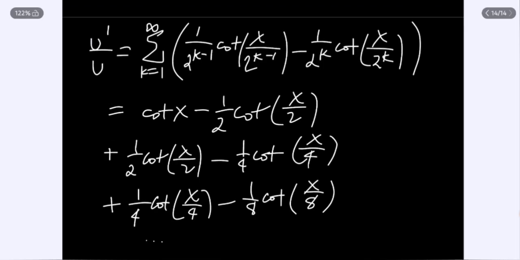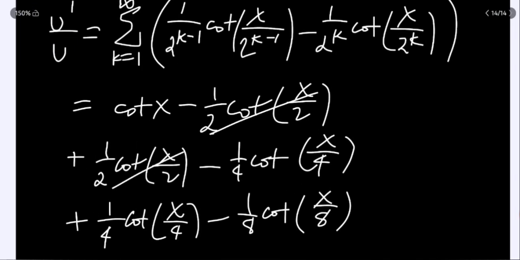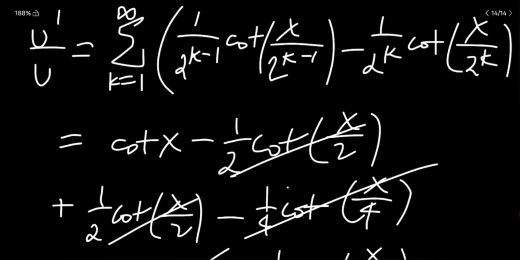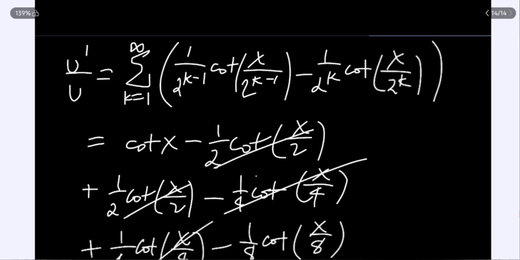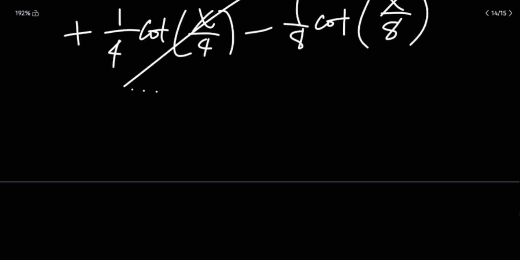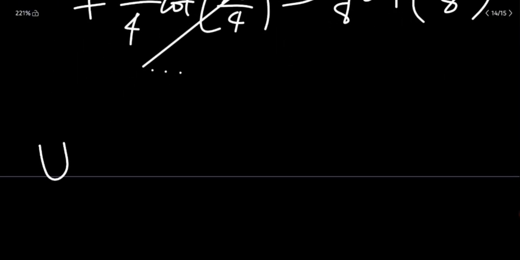So you can clearly see that this cancels out, this cancels, and as we reach infinity, we just write the equation u prime over u.